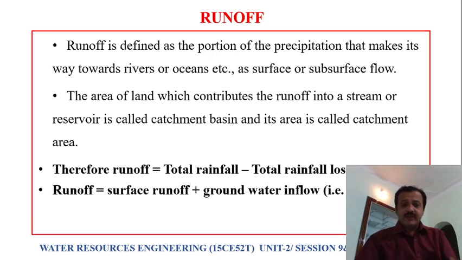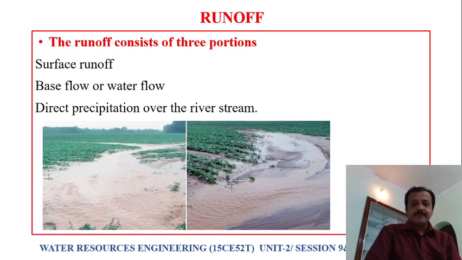The combined effect of surface runoff and groundwater flow, we call it as runoff. Understood? So, runoff is that part of precipitation which flows over the land after meeting all the losses. The runoff consists of three portions, as I mentioned: surface runoff, base flow, and direct precipitation over stream.